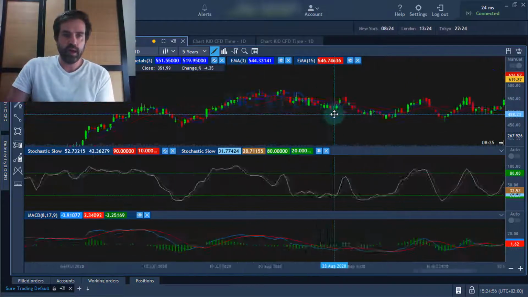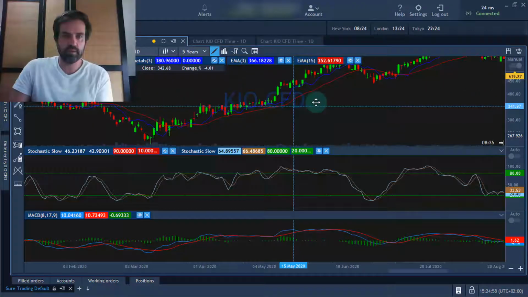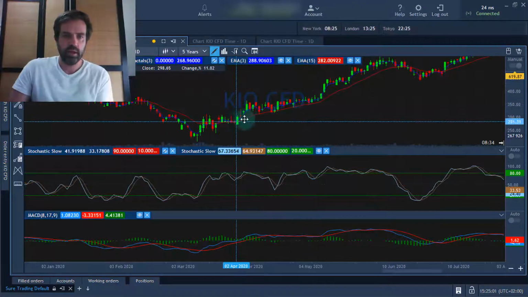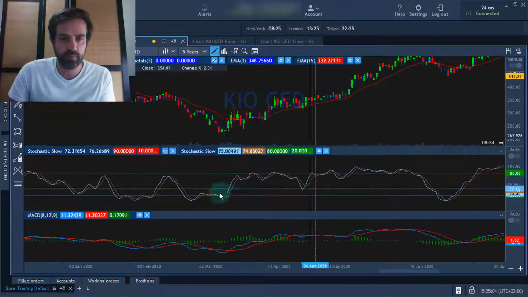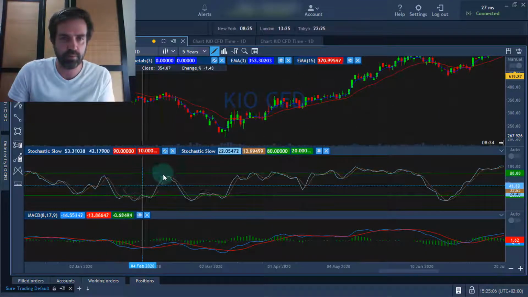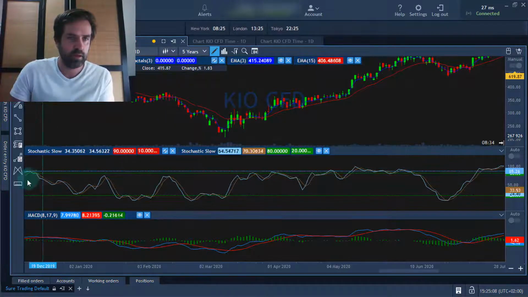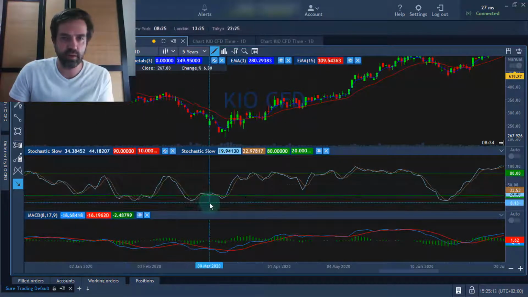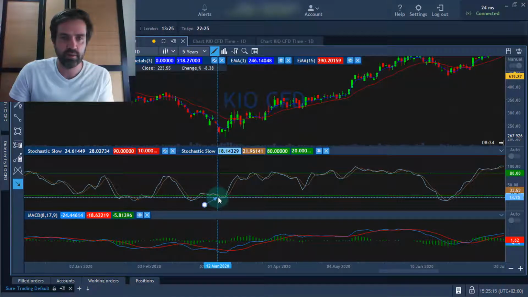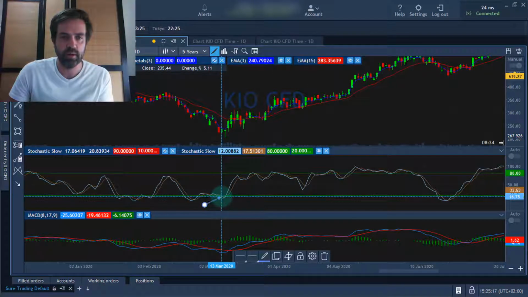So let's go a little bit back on this and let's see how we would use these to enter a trade. So firstly, I'm going to start around this area over here. The first signal was the stochastic, which crossed upwards.